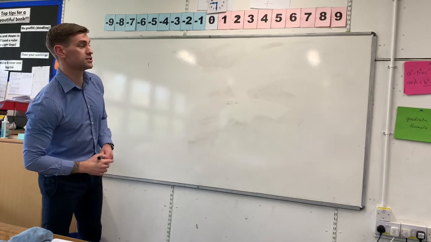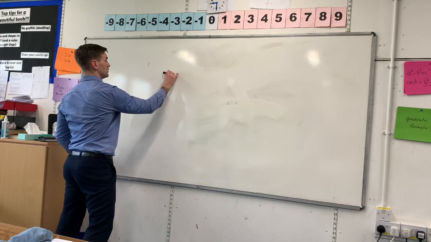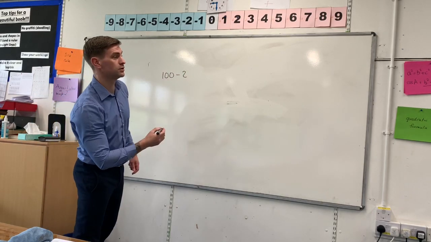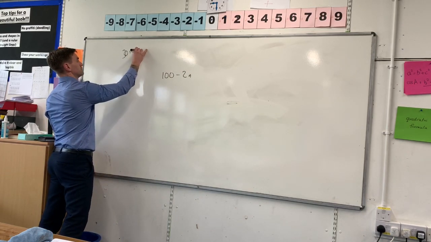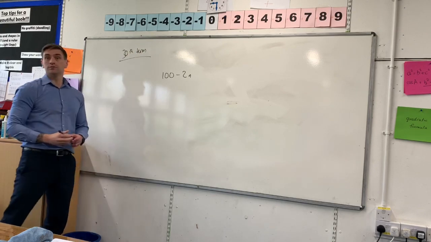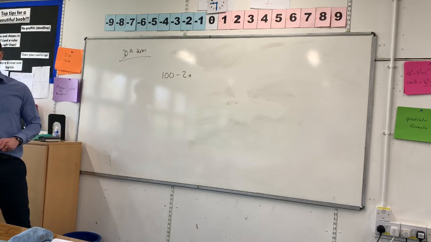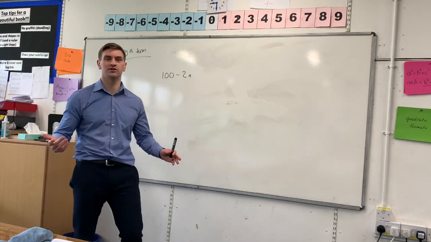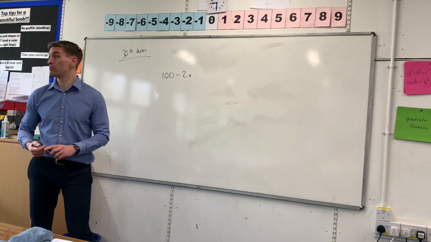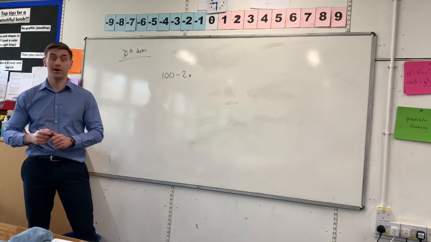Next up, the 30th term, 100 minus 2n. Okay, so on the 30th term, the term I'm looking for becomes my... I don't know. Not sure? Okay, you're clearly not watching these videos. The term I'm looking for becomes my n. Well done.